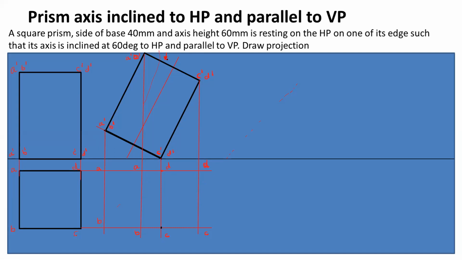The edges which are nearer to the observer are visible edges in the top view. So this is a visible edge, and this is also a visible edge. Therefore A dash and B dash will be visible edges. So you can observe here this AB will be a visible edge.